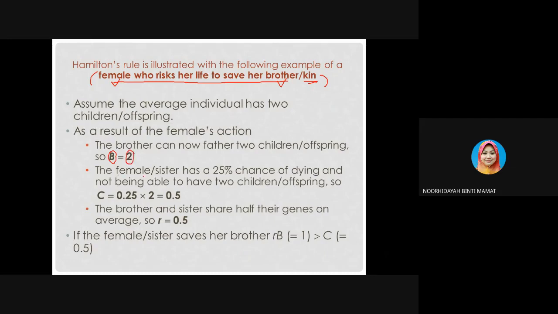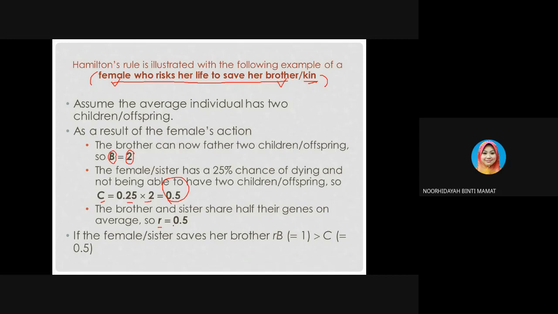So the female, the sister of the brother, has a 25% chance of dying and not being able to have the two children or offspring. So the cost to the actor is 0.25 times 2, and we get C is 0.5. The brother and the sister share half their genes on average.